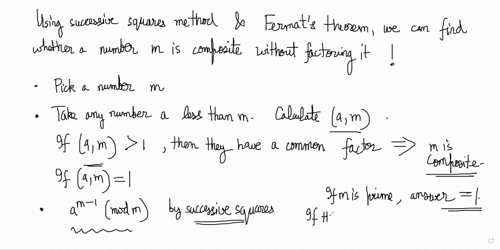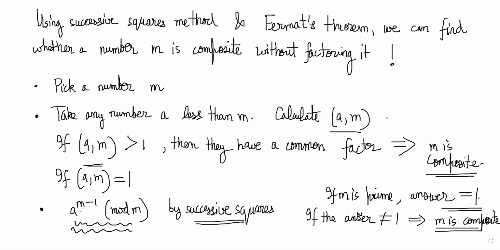If the answer is not equal to 1, that means m is composite, right? So the idea is you are checking whether the number and m satisfies Fermat's theorem or not.